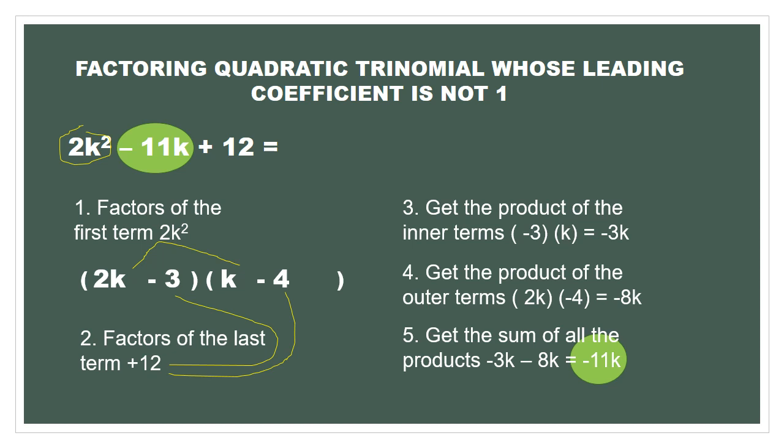Match ulit yung ating sagot dun sa ating middle term. Ganyan lang kadali, class, ang pagsasagot. Isulat lahat ng mahalagang konsepto at mga steps upang magamit ninyo sa inyong mga pag-aaral. Ang factors natin is quantity 2k minus 3 times quantity k minus 4.